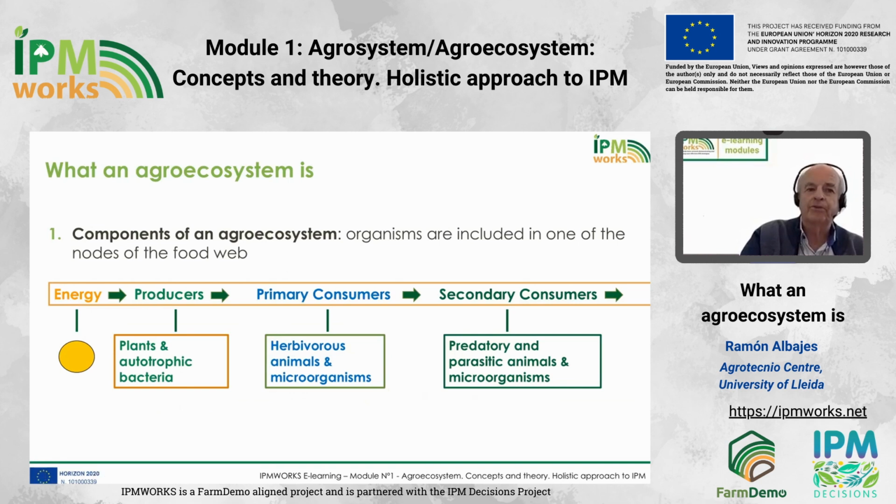First node: producers, mainly plants, but also some bacteria. Second, the primary consumers, herbivorous animals and microorganisms. Secondary consumers: predators, parasitic animals and microorganisms, etc. And we could talk about tertiary consumers, etc.